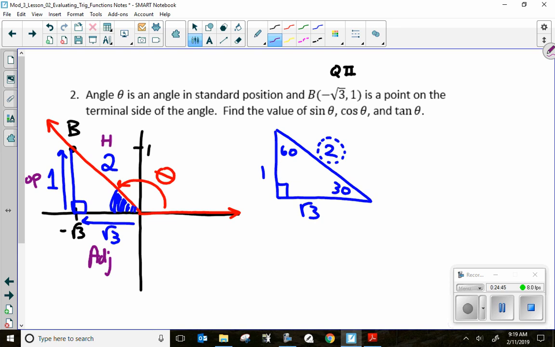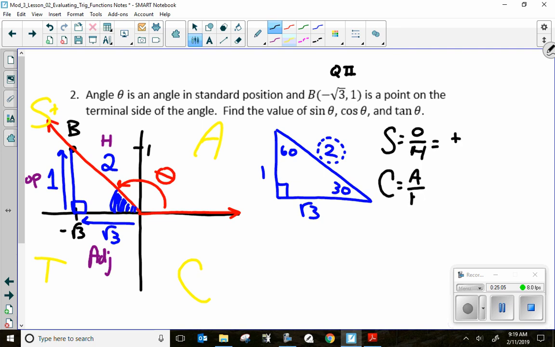Now keep in mind, all students take calculus. Sine is going to be the only positive. So when I figure out sine, which is opposite over a hypotenuse, that's going to be the only one that's positive. Cosine, which is adjacent over hypotenuse, is going to be negative.